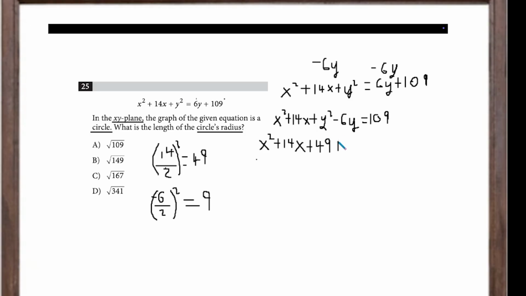plus y squared minus 6y plus 9 is equal to 109.